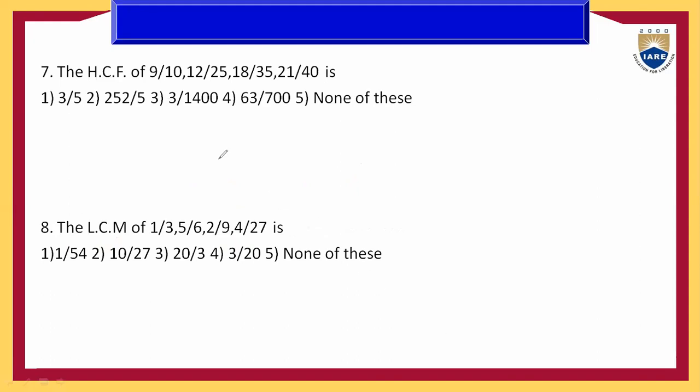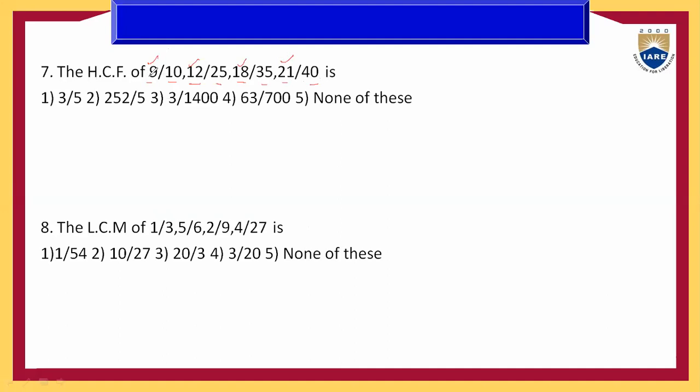Next, the HCF of 9 by 10, 12 by 25, 18 by 35, 21 by 40 is. First find the HCF for the numerators and the LCM for the denominators. Now the HCF of numerators 9, 12, 18, 21.